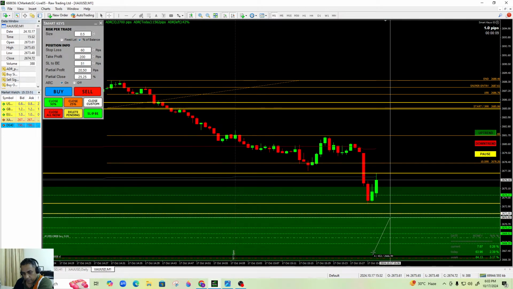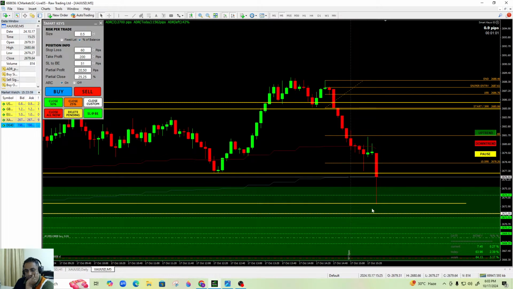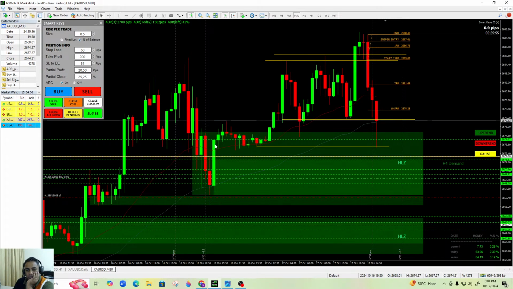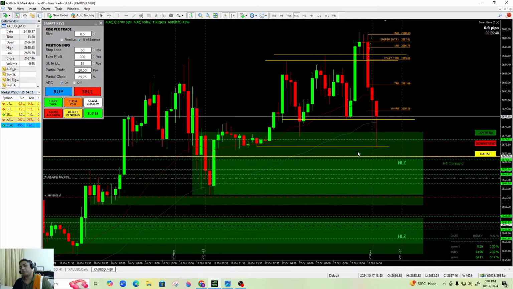This is better. 40 pips, 37 pips is better. But we are reacting to the top of that candle, exactly to the top of that candle, this liquidity candle. Touched it, pushing up. 35 pips, perfect.